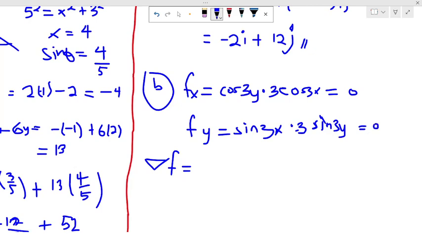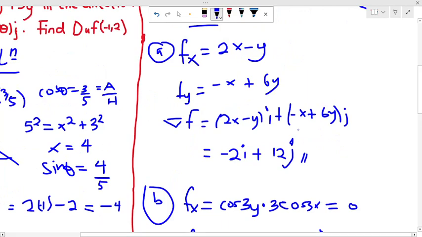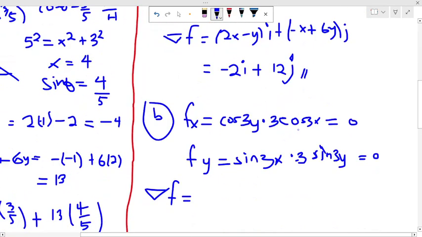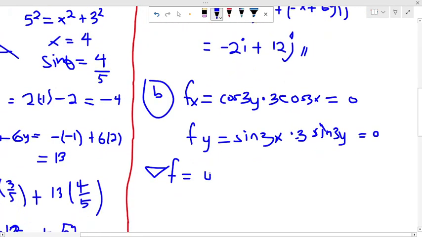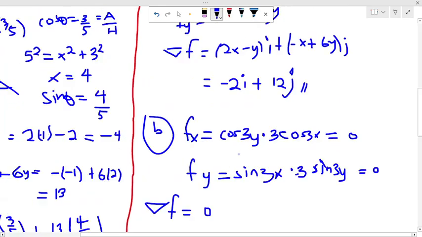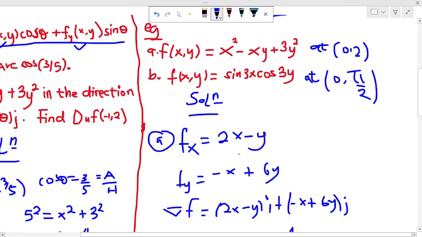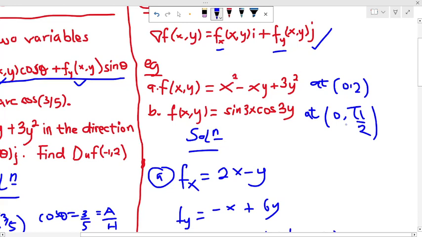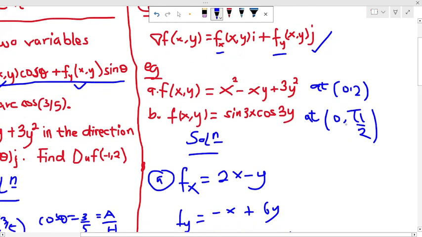So now you could see that because of the point I used, that's why I'm getting 0. So now our derivative becomes 0. Is that okay? Now if I use a different point, I'm going to get another answer, but it all follows the same concept.